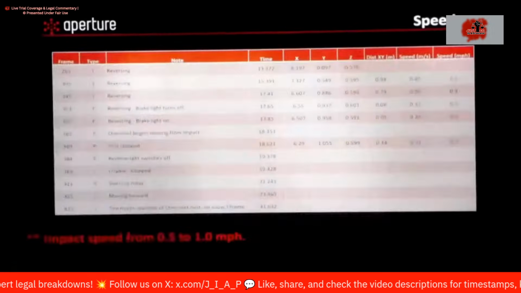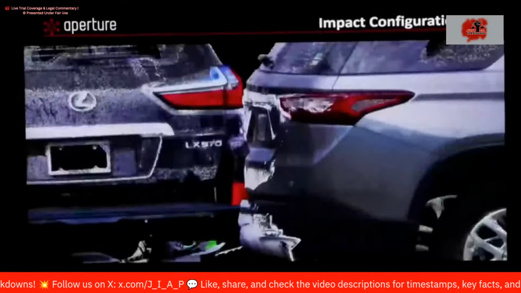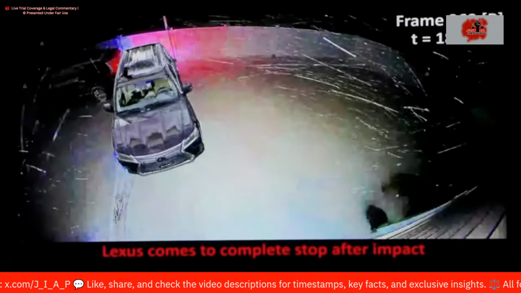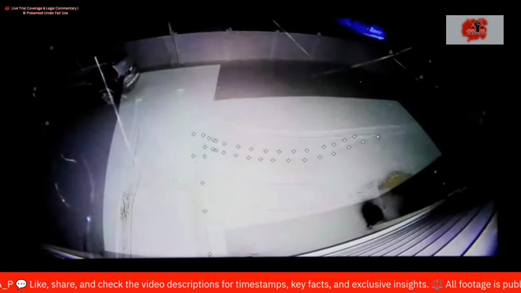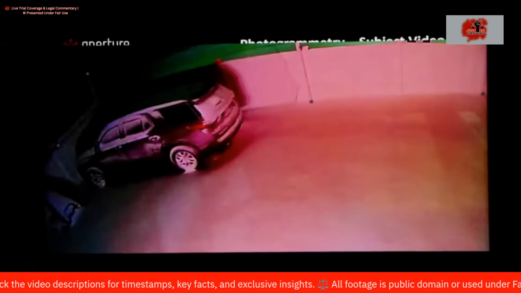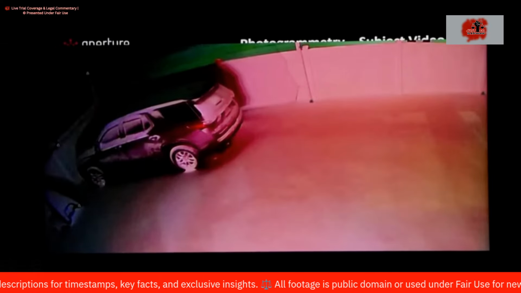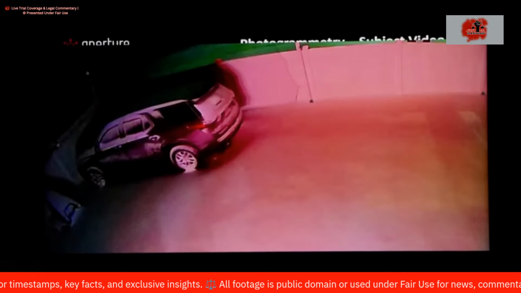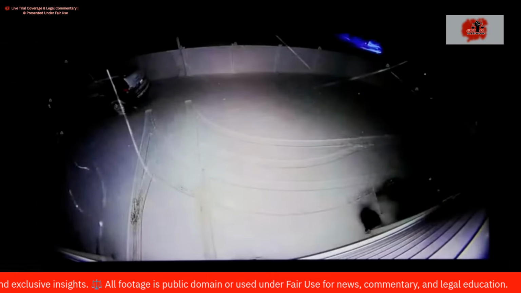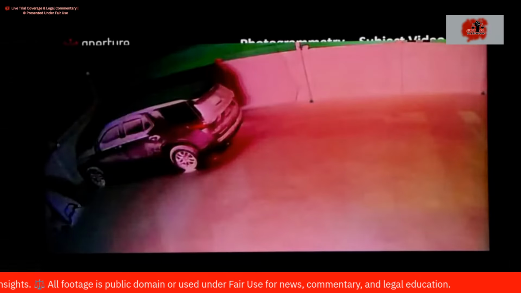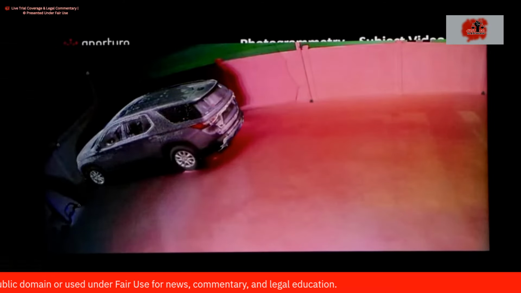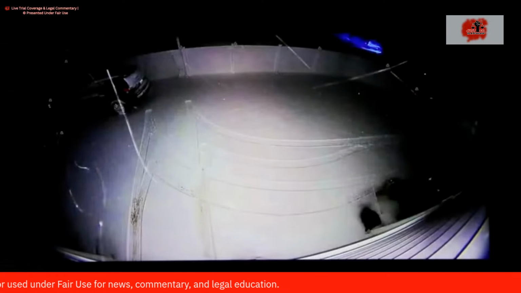And then if I could, I would like to go back because I realized I skipped over something. So this is slide 85. This is Mr. O'Keefe's vehicle before contact.